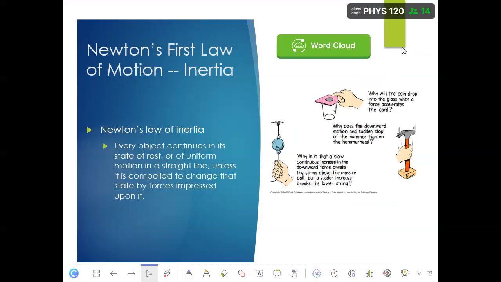Newton's second law tells us that if the object is accelerating or decelerating, definitely there is a force. And force and acceleration are directly, proportionally related together, okay?